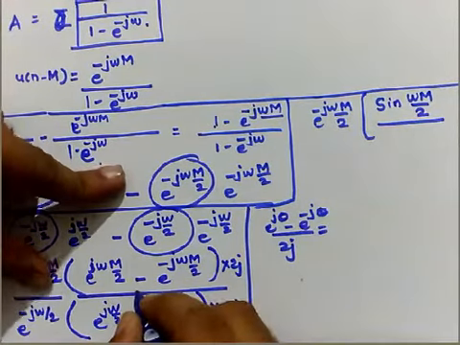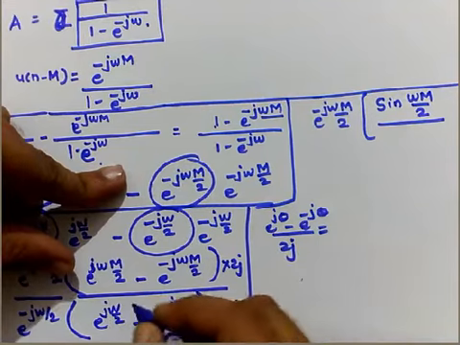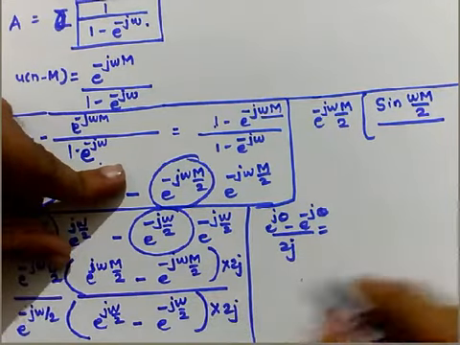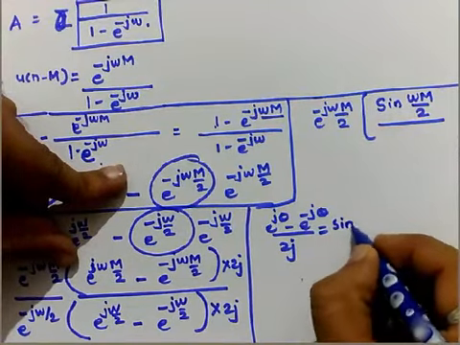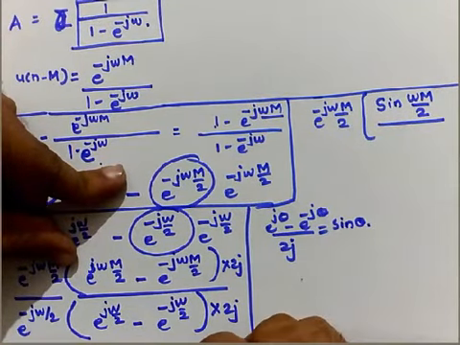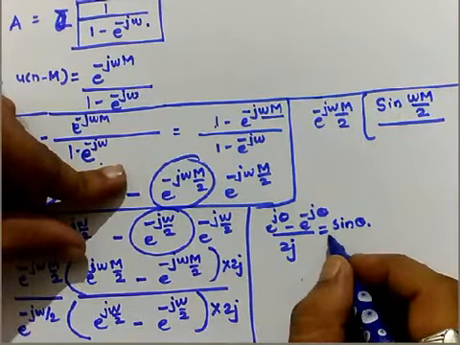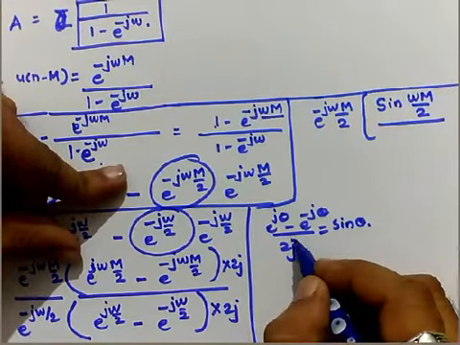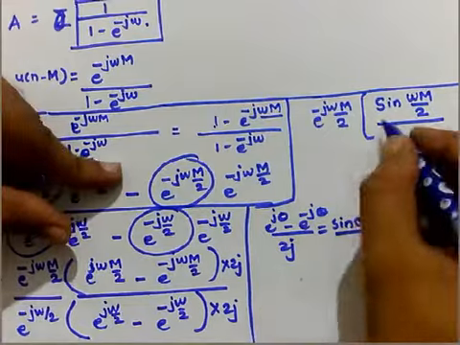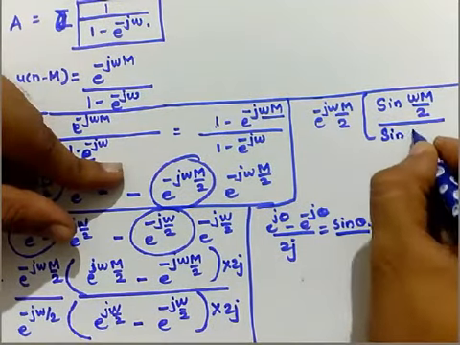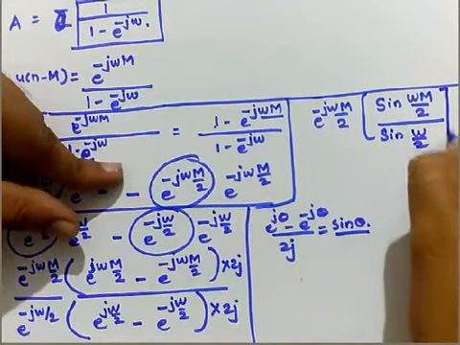So multiply and divide by 2j, that will give the same thing. So this is sin theta. So when we write it here, obviously this factor is replaced by 2j sin theta, 2j cancels, so it will be sin theta. Similarly at the denominator it will be sin omega by 2.